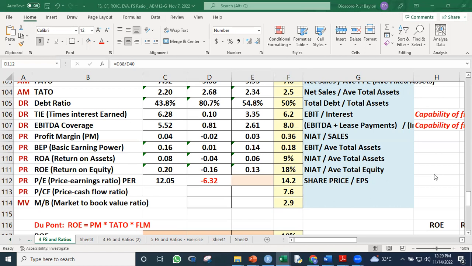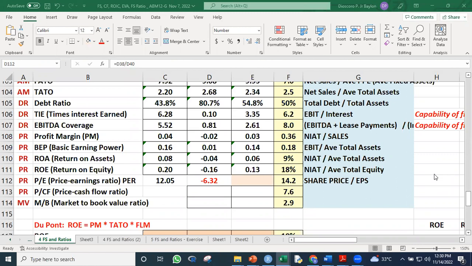So strictly, the PE measures how much it really costs to buy the stock if we are to earn 1 peso from it. Alright? Because if it's a loss, technically you would not want to buy that stock if it incurred a loss at that point in time, since that sends a strong signal that the company is losing.